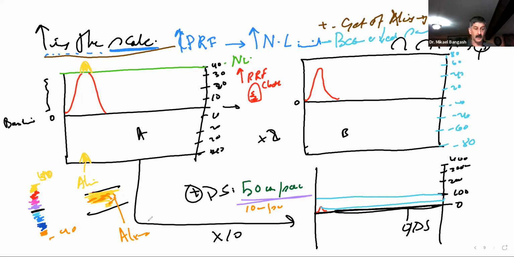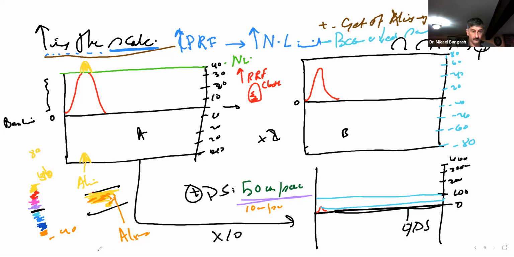But likewise, when you increase the scale from, let's say, max 40, minus 40, to 80, then this yellow here will go from 40 to 80.